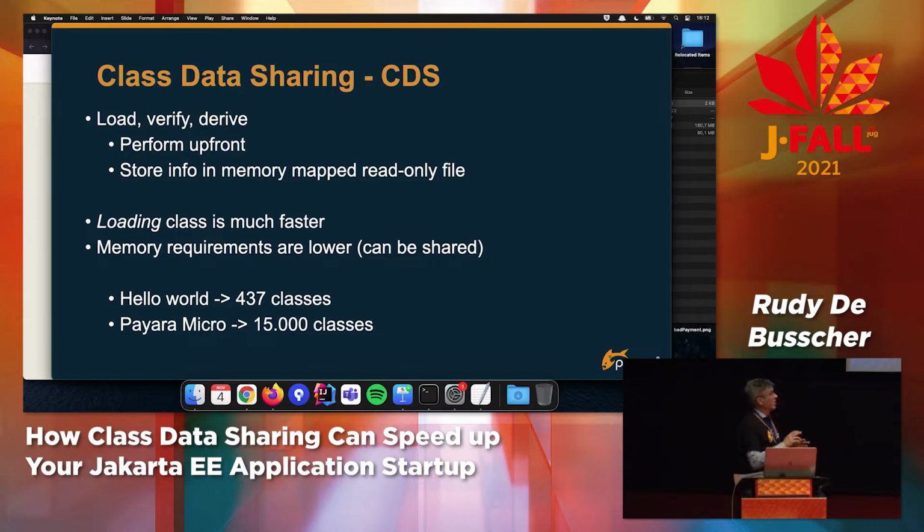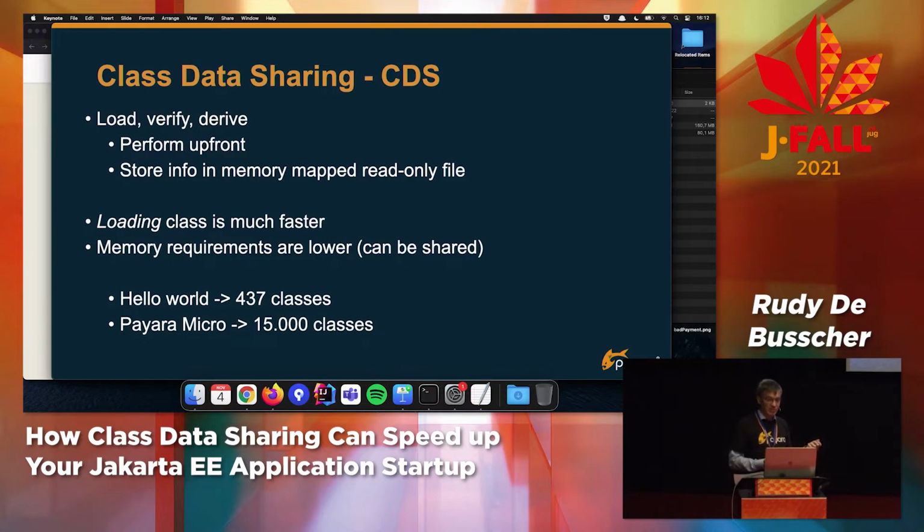For instance, in that derive phase, there is also the check if you call a method on a certain class with 2 parameters, string and int, that they are actually in that class, etc. If all that information is stored in what's called a memory map read-only file, that's why it's called a memory map file, and that file is mapped directly into the memory space of the JVM, then the loading of the class is much faster, because there is no loading at all anymore.